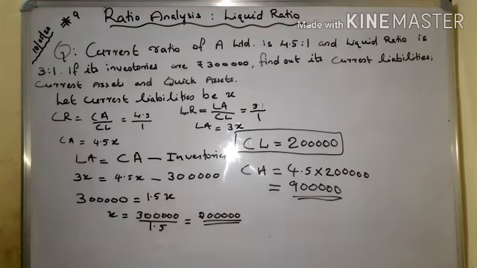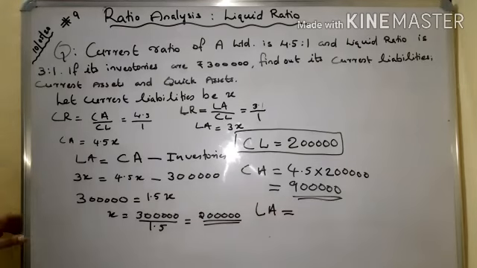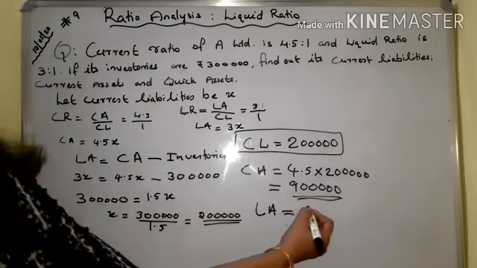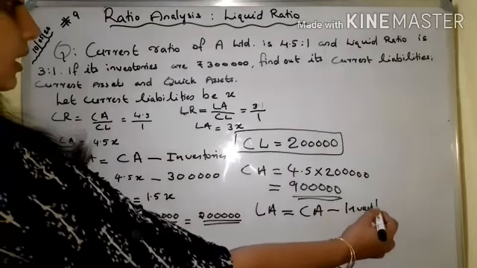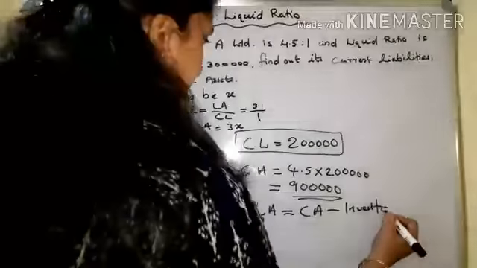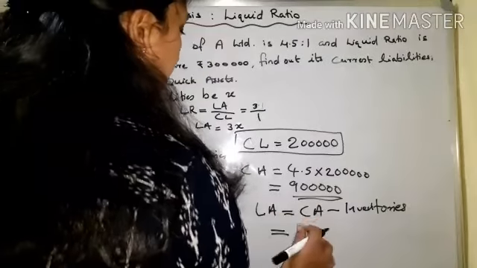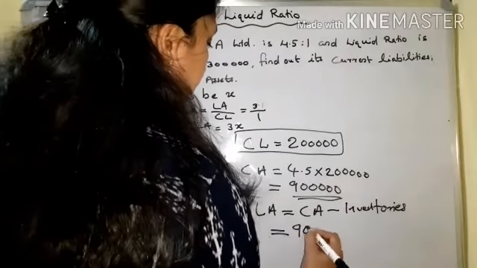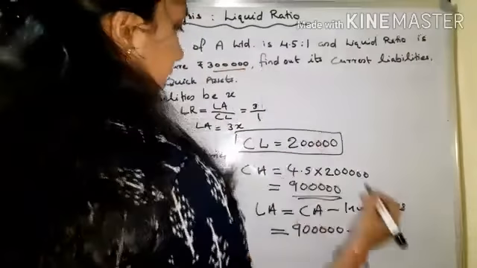Then we can easily find out liquid assets. Liquid assets is equal to current assets minus inventories. Current assets is 9 lakhs, and the inventories value of 3 lakhs is given in the question.